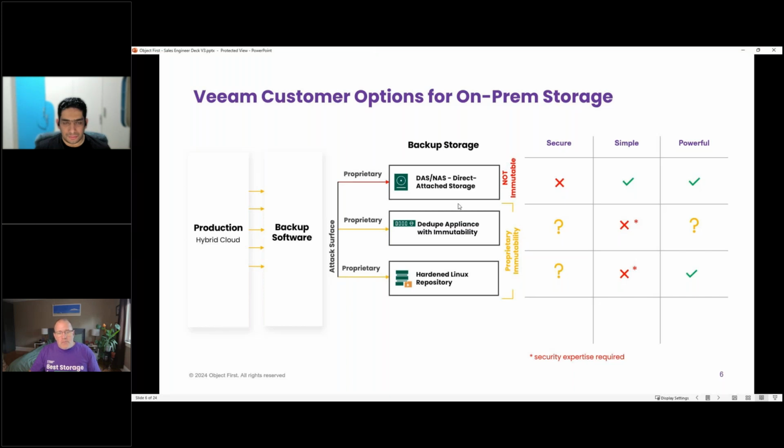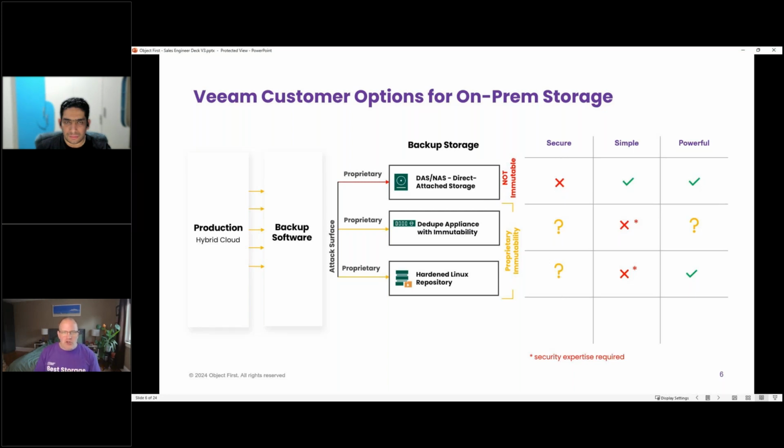The Veeam hardened repository. It used to be called the Linux hardened repository. Now it's called the Veeam hardened repository. This is an interesting one, because at first look, it looks like a great solution. I've installed them and used them, and it is, but there are some exceptions, let's say question marks. So if you're doing the do-it-yourself hardened Linux repository, secure becomes a question mark only for one reason.